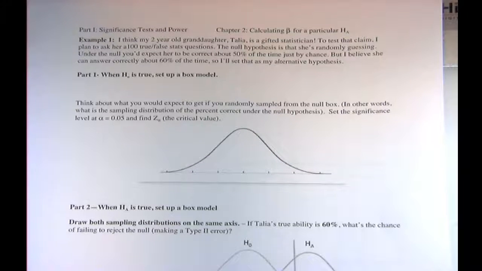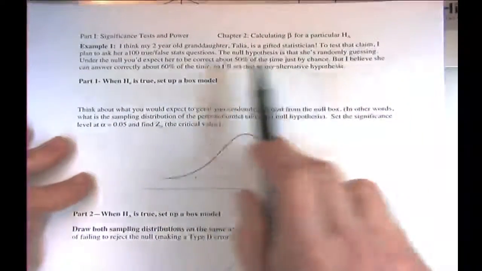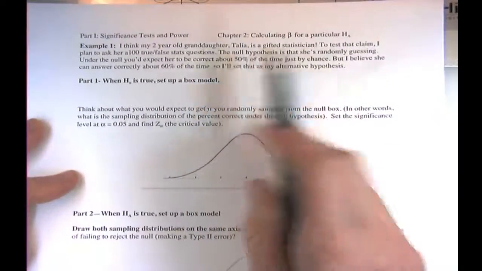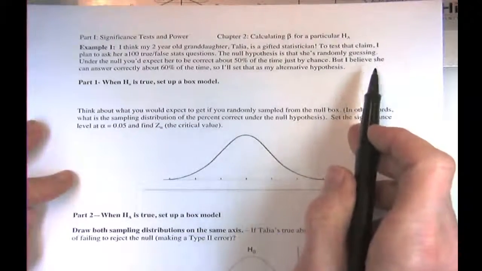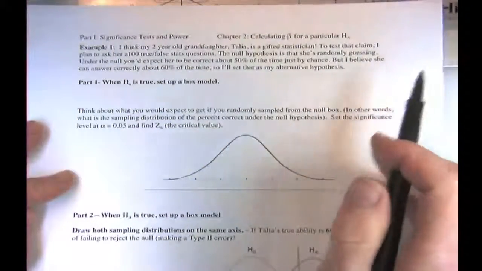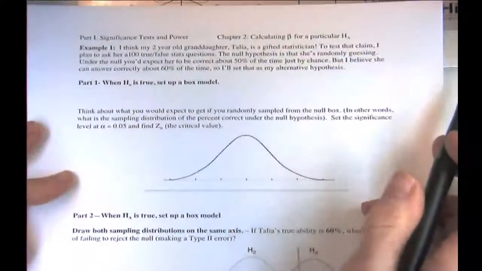Okay, so let's turn to page 5 here. And here's the example we're going to look at. I think my 2-year-old granddaughter, Talia, is a gifted statistician. So I'm going to test that claim, and I plan to ask her 100 true-false stats questions.